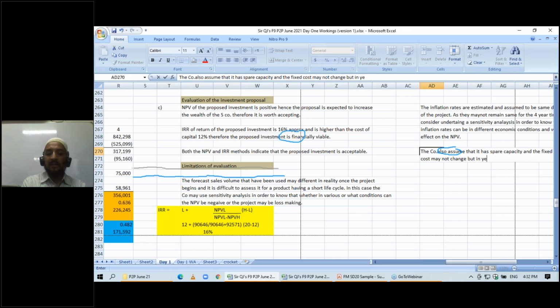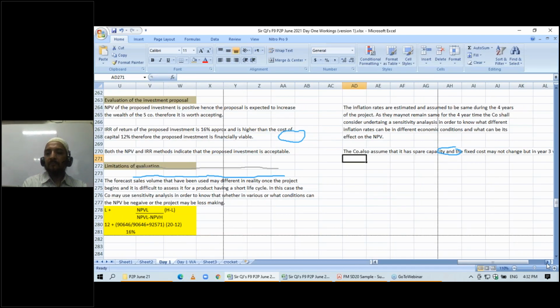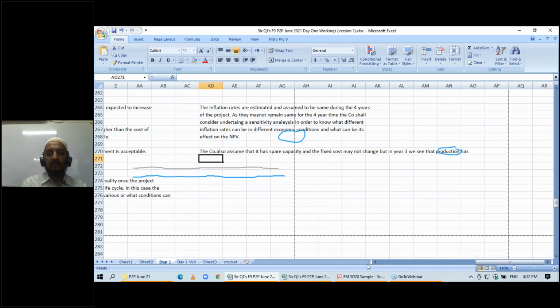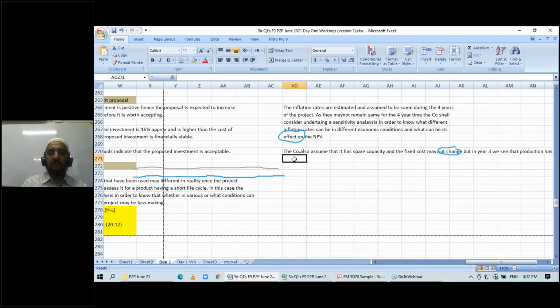But in year 3, we see that production has almost doubled compared to year 1, and the company may have to consider the effect of more capacity requirements.